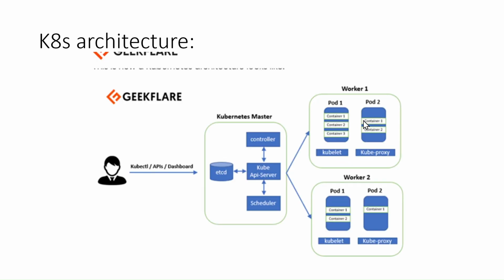You can see here that pod 1 has 3 containers and pod 2 has 2 containers, right? Based on requirements, if the pod 2 microservice might require some additional proxy servers, then the controller will command and set the kube API server.